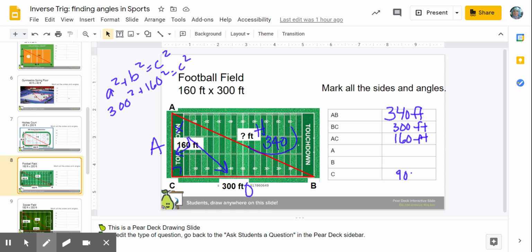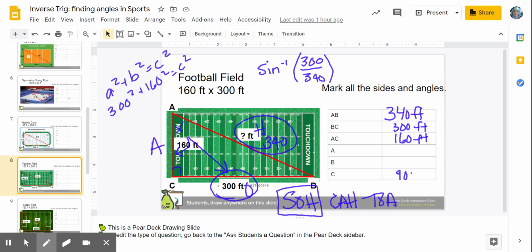So if I use sine, I want to use O and H. Hypotenuse is always on the bottom, and you can always remember that's why we start this with SOHCAHTOA, right? So sine opposite over hypotenuse. So what'd you get for an angle when you did that?